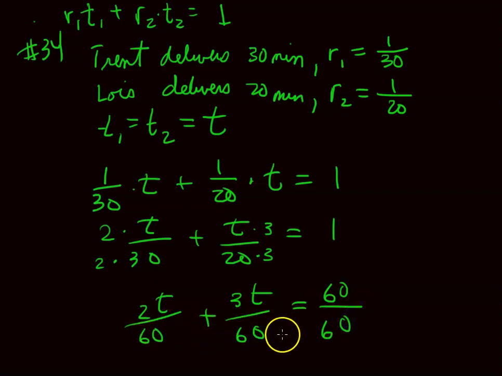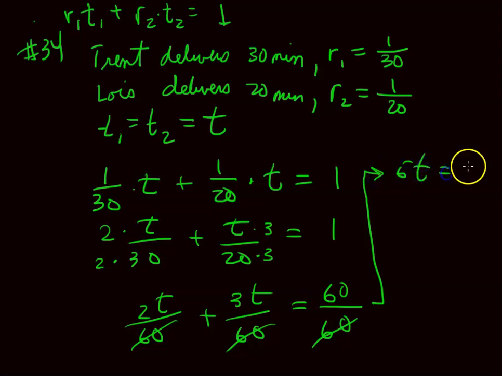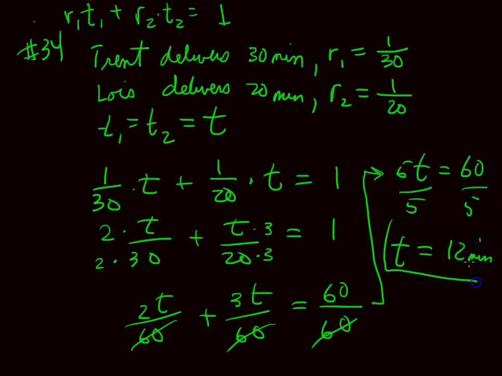If everybody's got the same denominator, we can really just forget about the denominator. And we can get that 5t equals 60. That's the same as multiplying both sides by 60. Divide both sides by the 5, and t, the time for them to do it together, is 12 minutes, which makes sense.